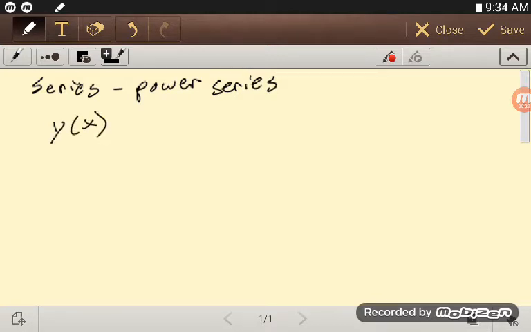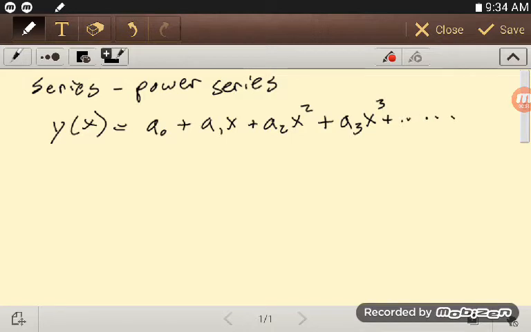if I define a function y of x, I'm going to do it as some a0 plus a1x plus a2x squared plus a3x cubed plus, and just keep going.